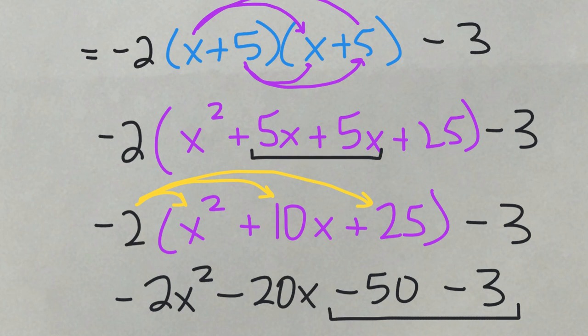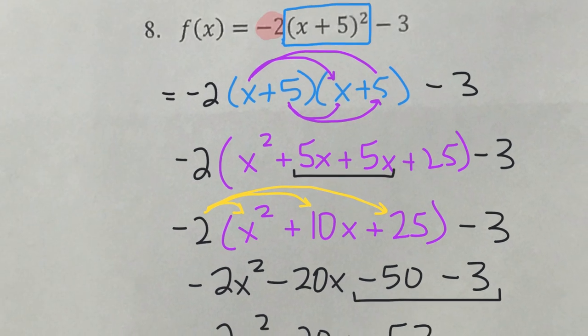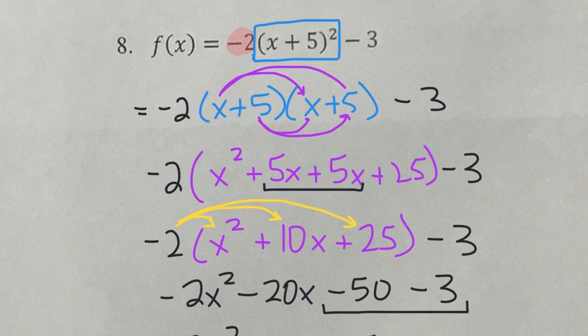So our very last step would be to add -50 and -3 to get -53. So this is our standard form of our quadratic equation given your vertex form at the beginning.